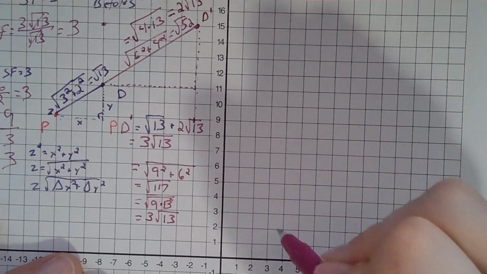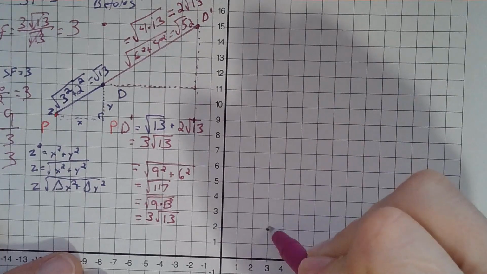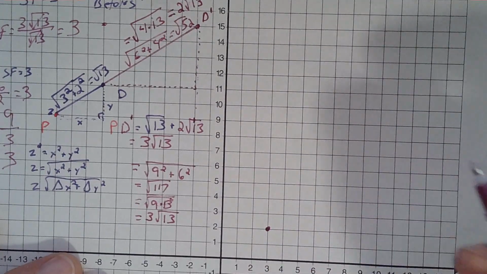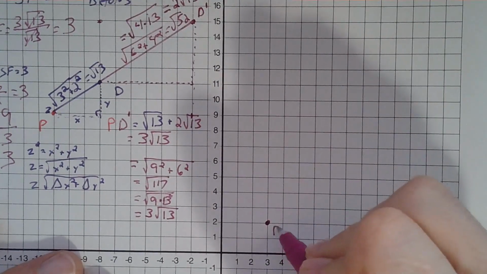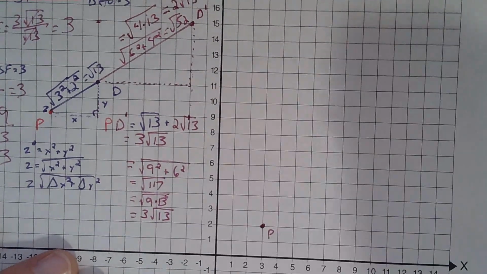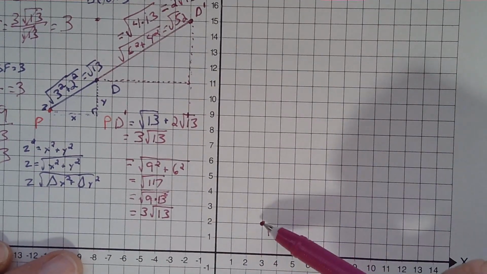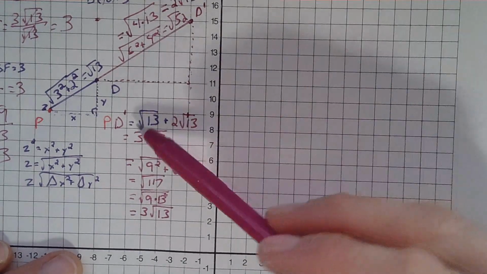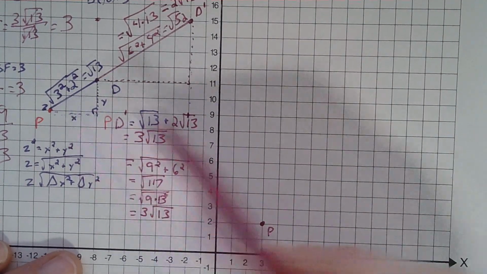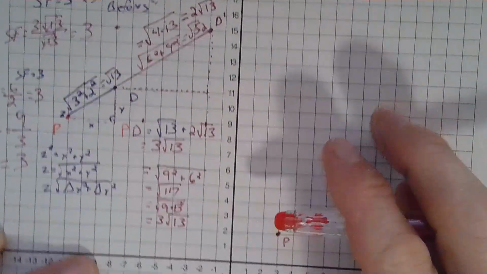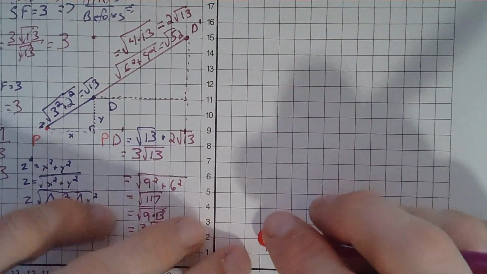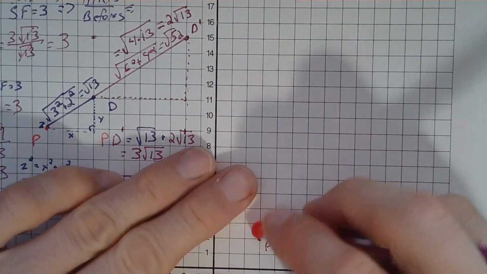Let's say I have a point right here, we'll call this point P, and I want to dilate this point from the point of dilation. It's the same thing as this. The point of origin is just this one, so I'm not going to do that one again. You're just going to dilate this point from here to here. So that's the same thing.